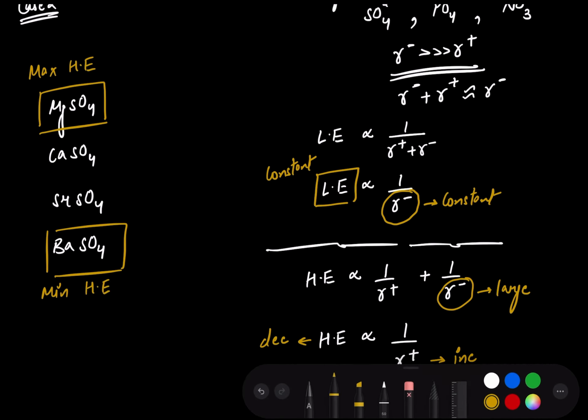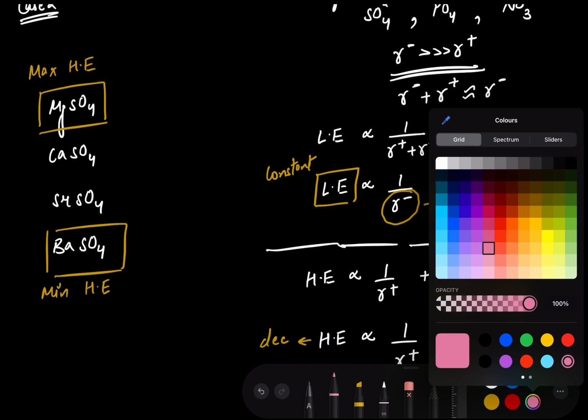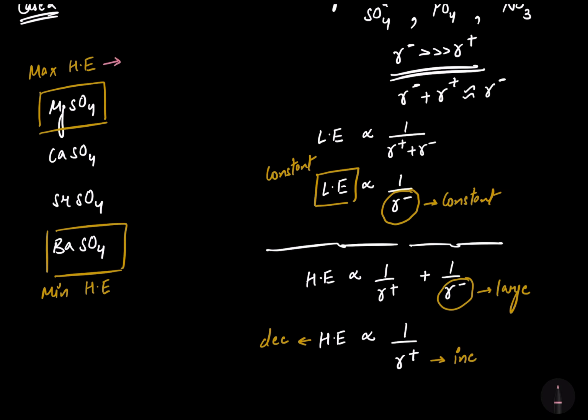Now, magnesium sulfate, having the maximum hydration energy, will have maximum solubility. On the other hand, barium sulfate, having minimum hydration energy, will have minimum solubility.